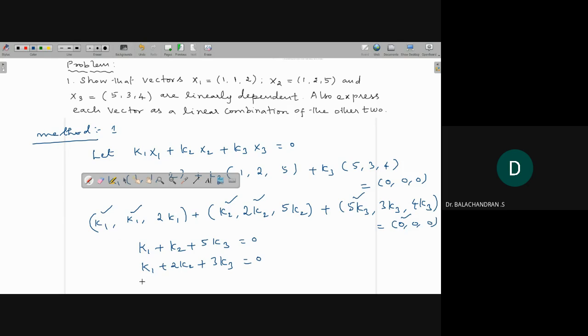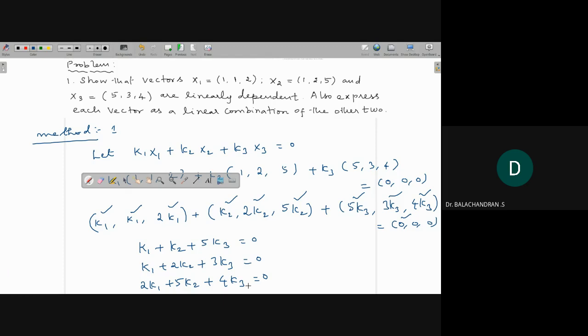Next, 2k1 plus 5k2 plus, I think I've made a mistake here, 3k3, yes, it is correct. So 5k2, already I wrote 3k3, plus 4k3 equal to 0. So you have 3 equations.